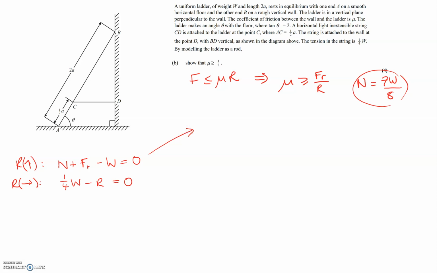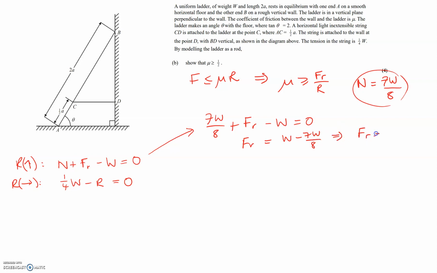So if we take the one resolved vertically, N is 7W over 8 plus the frictional force minus the weight force equals 0. And rearranging that will give us friction in terms of W. So we get friction equals W minus 7W over 8.